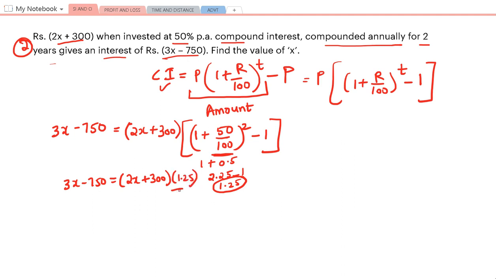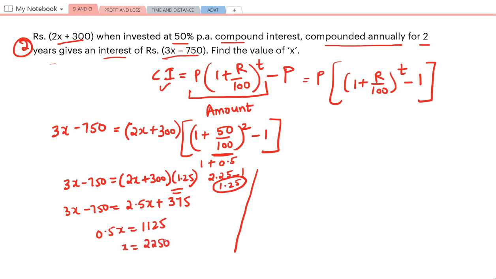See, if you are comfortable with multiplying decimals, you can solve here only. 1.25 means 2.5x plus 375. 3x minus 750. If 2x comes this side, then 0.5x is equal to 1125. So x is equal to 2 times that, that is 2250.